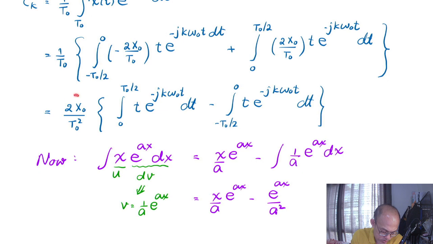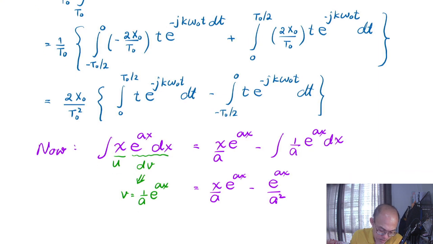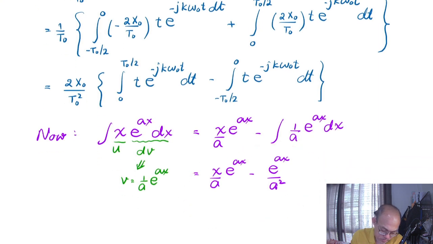So 2x0 over 2 t0 squared, and I move it to the right, and I move it across to the left. There, then I use by parts integral.